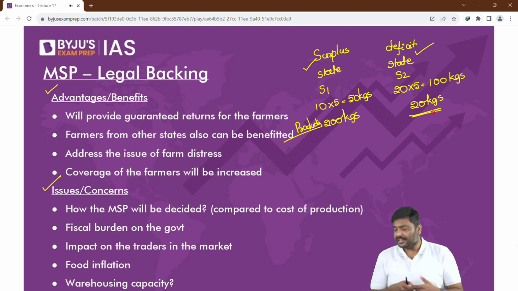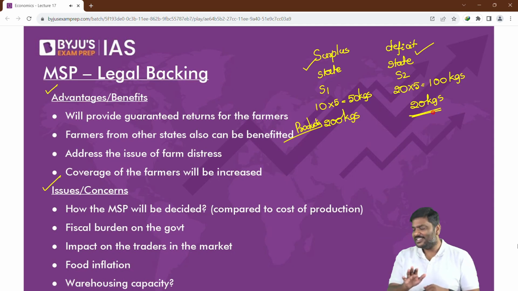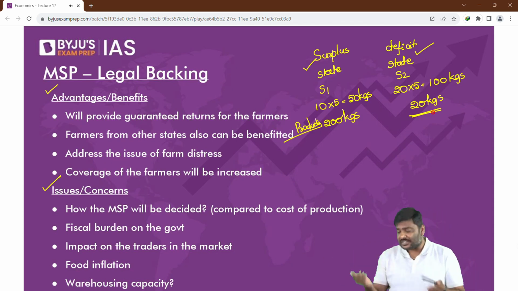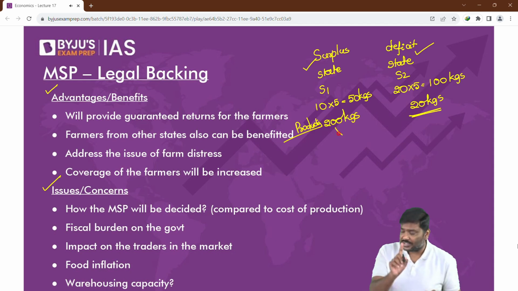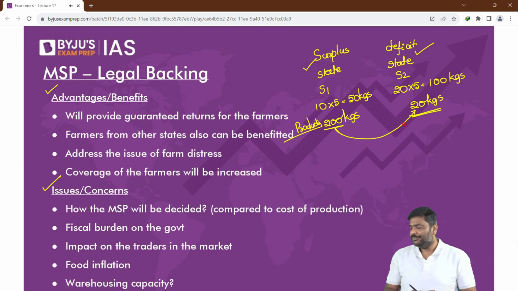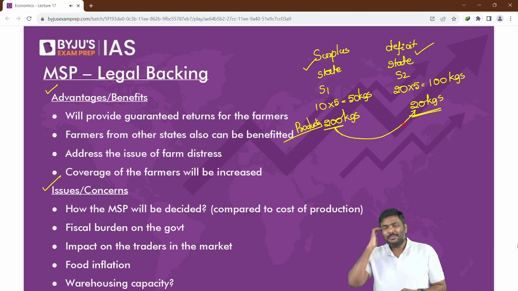Please look at the numbers and tell me, can I call state 1 a surplus state? Don't look at me, look at the numbers. Can I say state 1 is a surplus state and state 2 is a deficit state? And don't you think government will be more focused on purchasing crops from the surplus state and moving them to state 2?